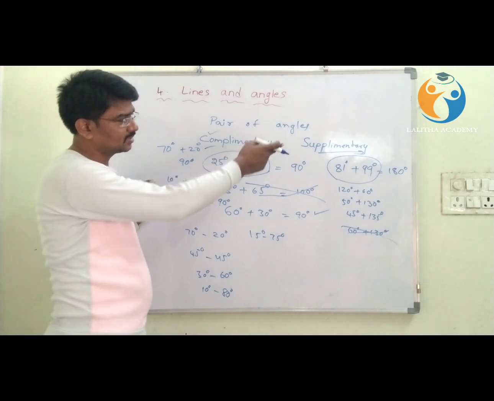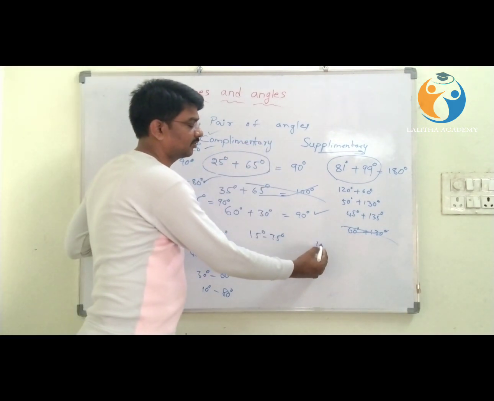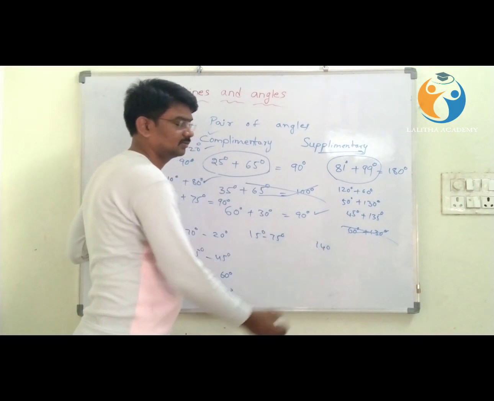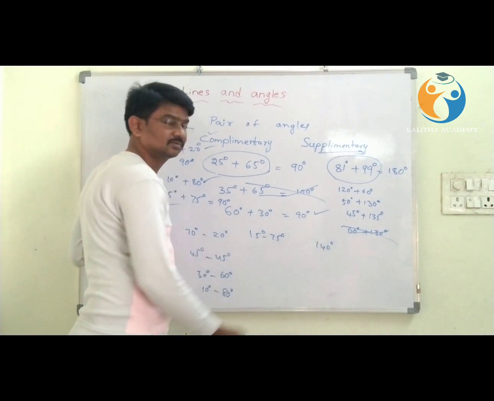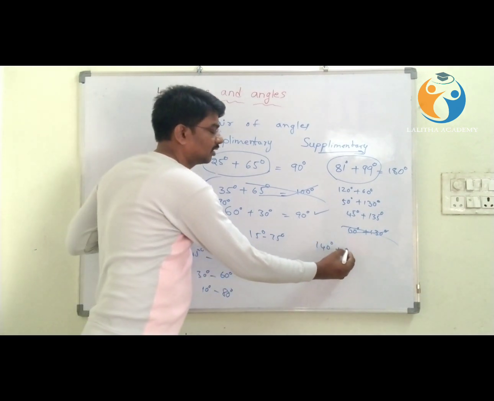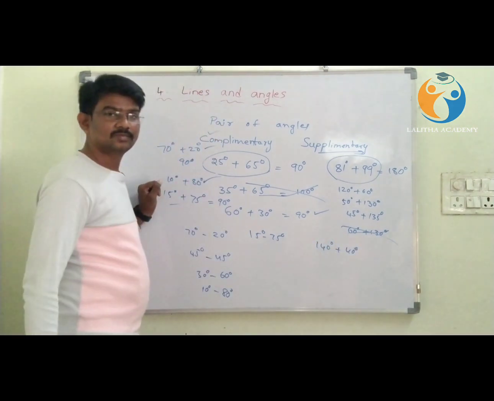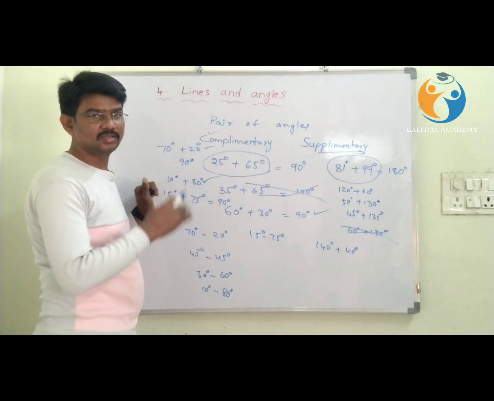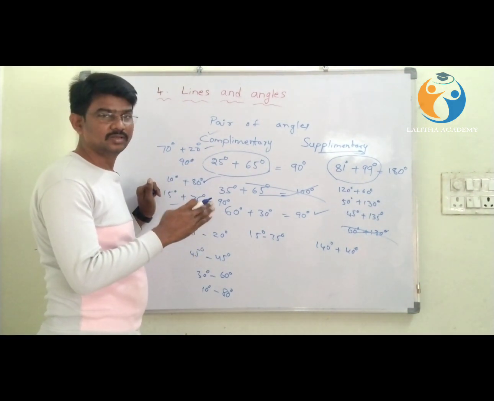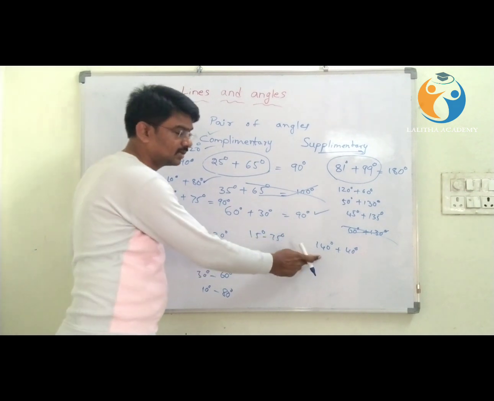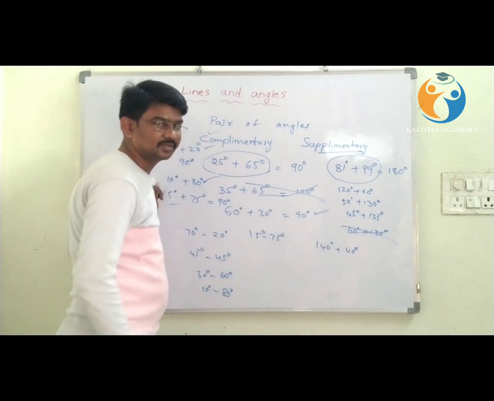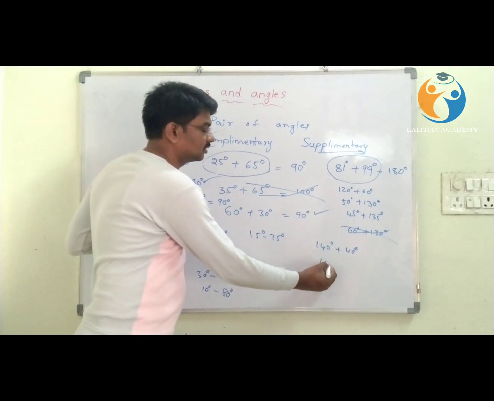So same in this also, for supplementary angles. 140 degrees given. 40. The total sum of two angles should be 180. 140 is already there, so 40 you need to write. Suppose 160 degrees given.